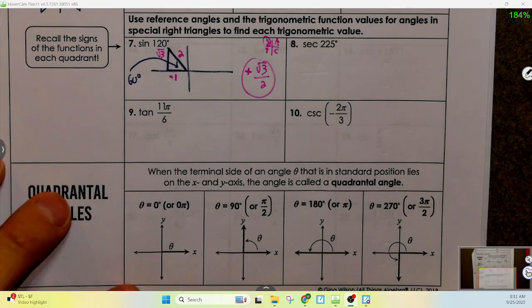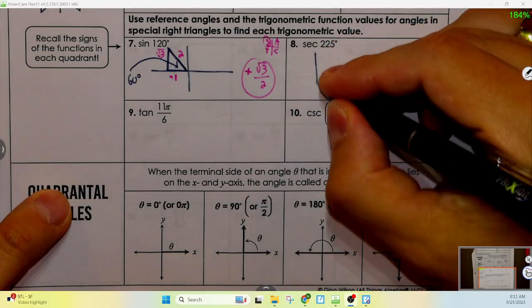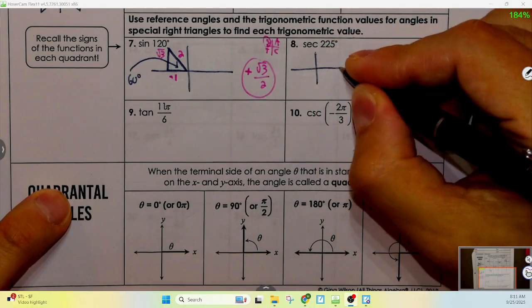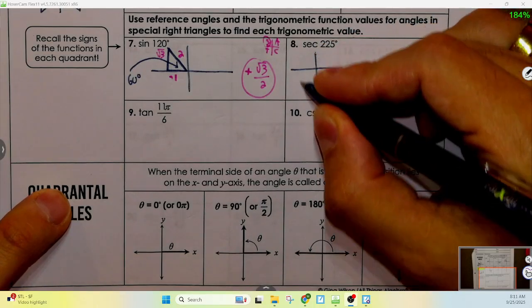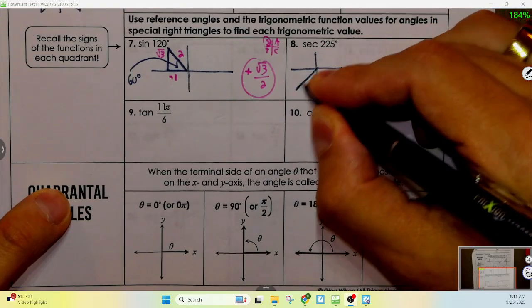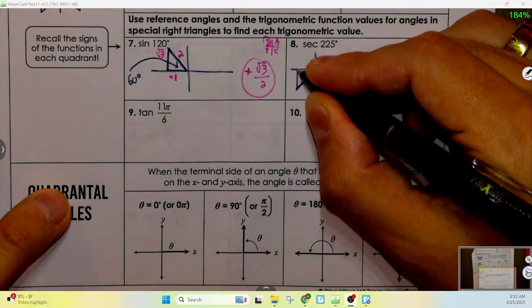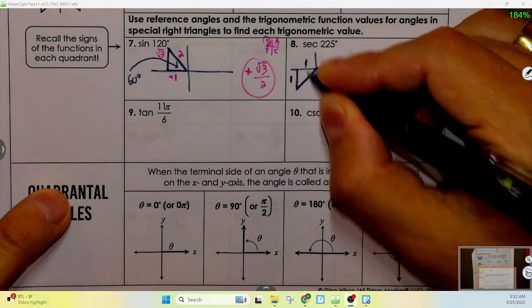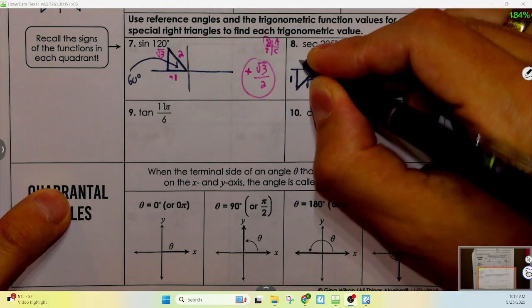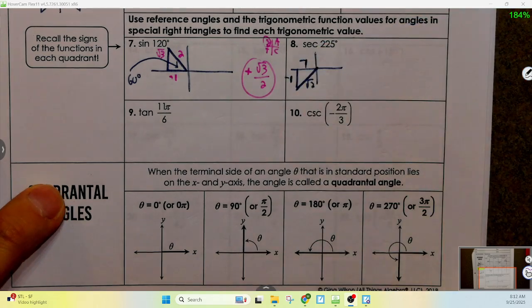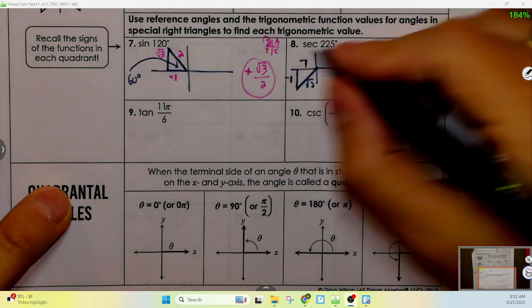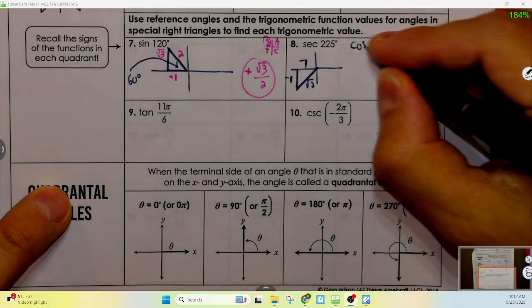Okay, secant of 225. Let's draw it first. So 180, and I need another 45, so I'm down here now. That makes this 1, 1, root 2. Technically, negative 1. So I don't really love secant of 225. I want to find cosine of 225 and then flip it.